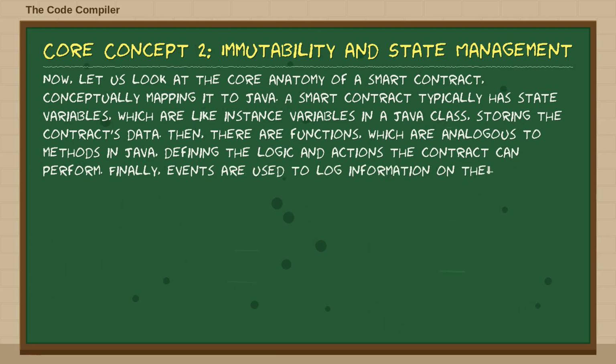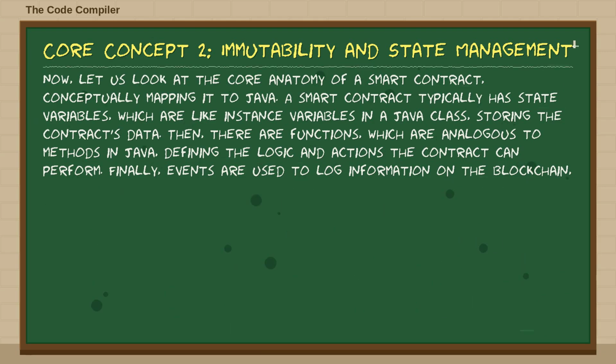Finally, events are used to log information on the blockchain, much like logging in a Java application, allowing external applications to track contract activity.